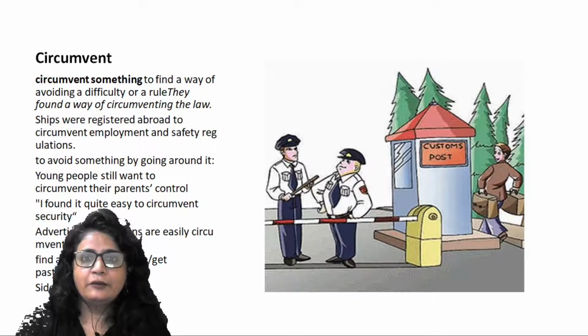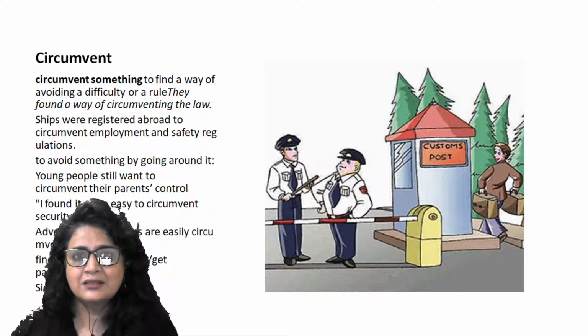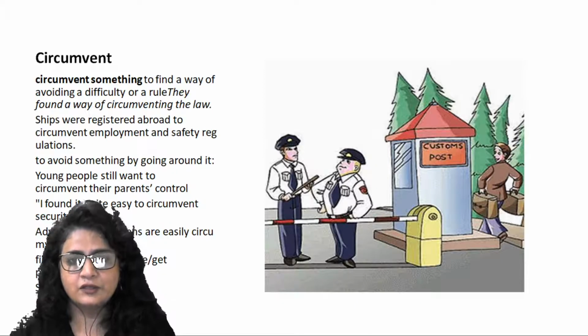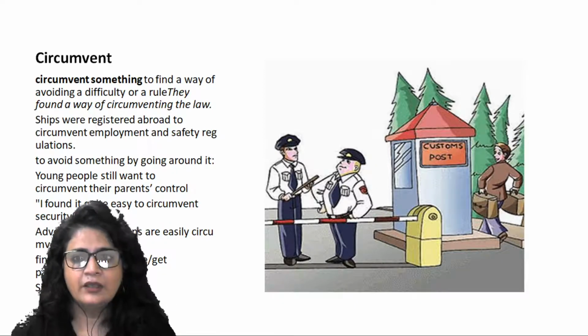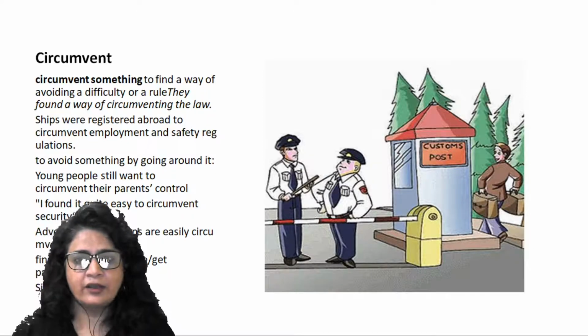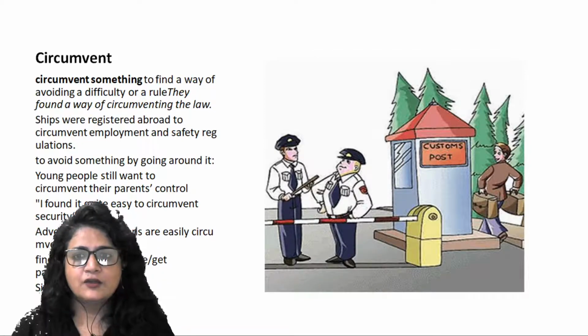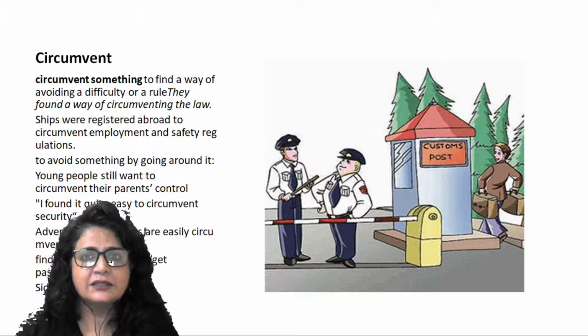Okay, now look at this picture and see the man. The man is trying to bypass the roadblock. So there is a roadblock, there is an obstacle. He possibly does not want to face these policemen deployed at this check, and he is bypassing that obstacle. So here he is bypassing the law. He is bypassing a security check.